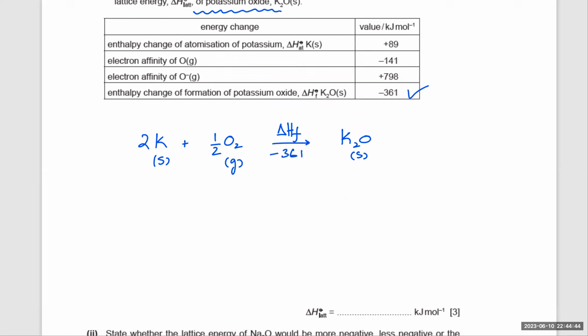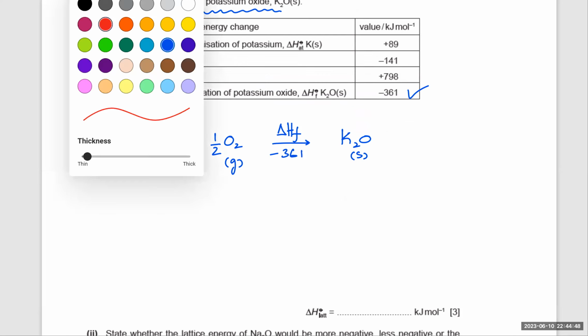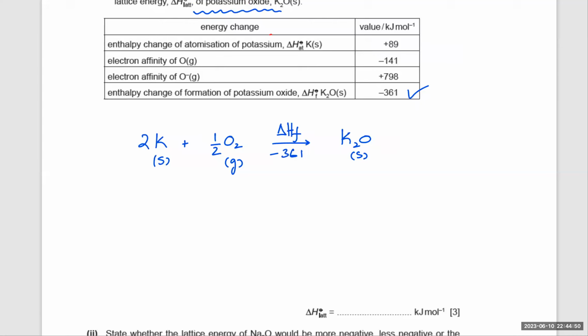Now I'm going to atomize, ionize, and then form the lattice, right? So what we can do is quickly atomize it in one step. I want to turn the potassiums into potassium gaseous atoms, and the oxygen into oxygen gaseous atoms. The atomization of potassium is already given, that's plus 89, for 1 mole. So this is going to be plus 89 times 2, right?